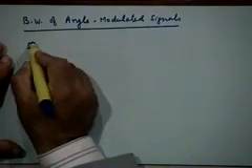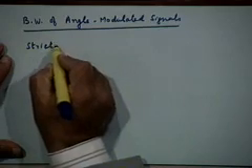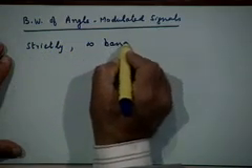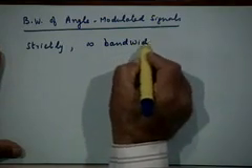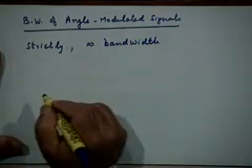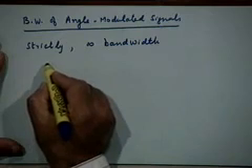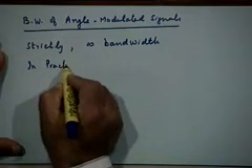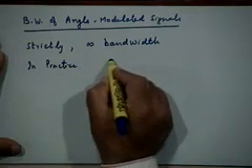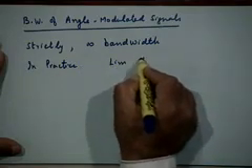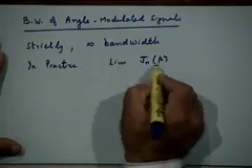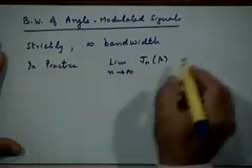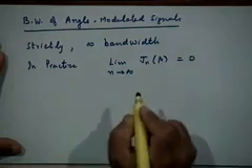So as I said, strictly speaking the bandwidth is infinity. But I just said that in practice we make use of this fact that the limit of J_n(β) as n becomes large tends to 0.